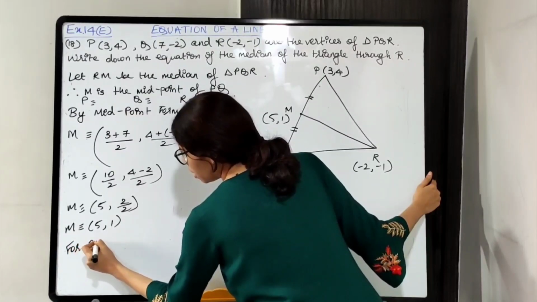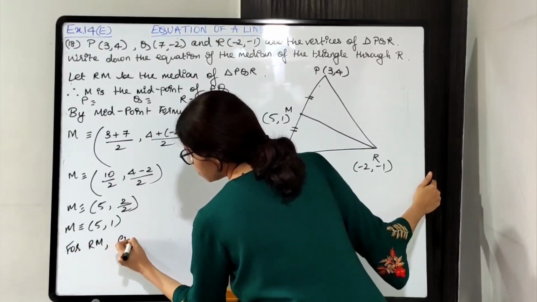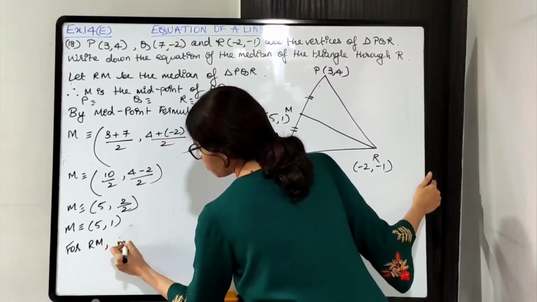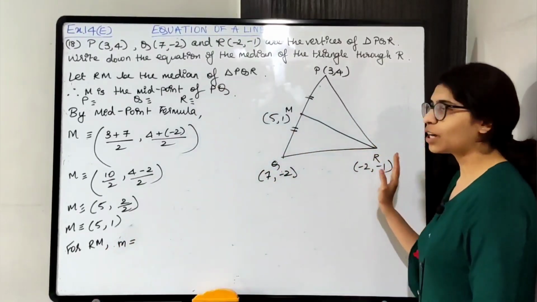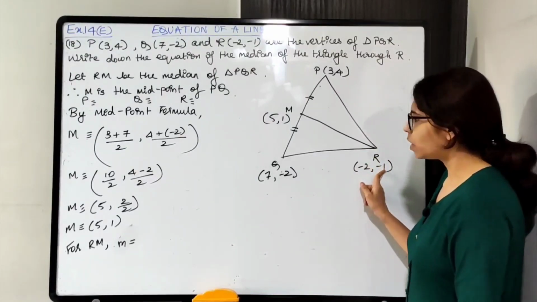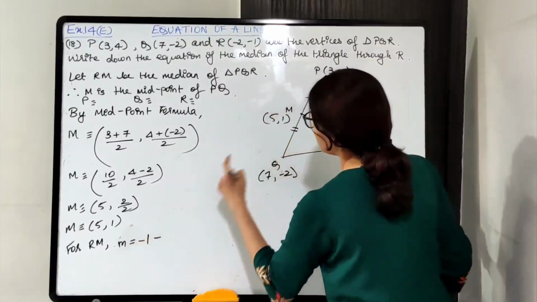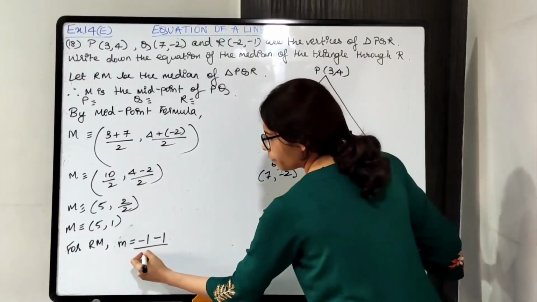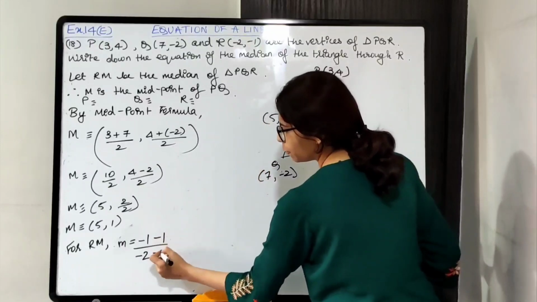For RM, slope m, let me write it like that. Okay, we will be subtracting the y coordinates first. So 1 minus -1 over 5 minus -2.